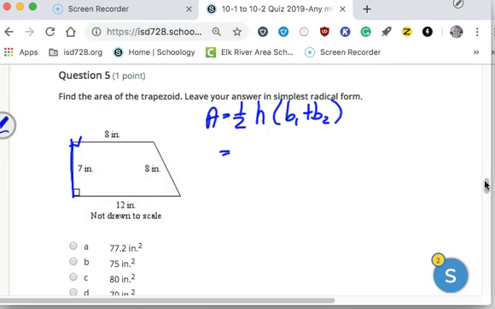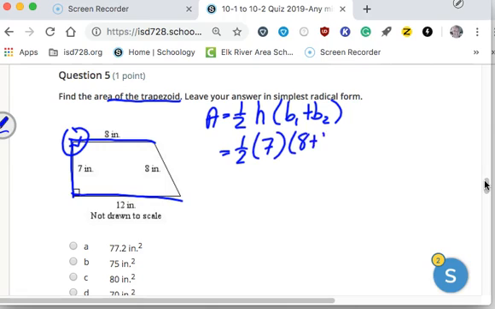This has got to be perpendicular to this, and this is a trapezoid, so I know this and this are parallel, and that means that this is also perpendicular. So I'm looking at 1/2 times 7 times base 1, which is 8, plus base 2, which is 12. That's 8 plus 12, which is 20, divided by 2 is 10. So I get my answer of 70 inches squared.